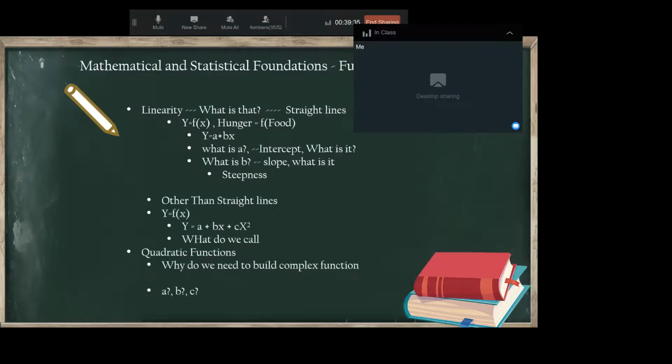Complex function, because one reason is that a linear function doesn't correctly define the relationship when there are more attributes, more qualities to define the relation. For example, you and your friend. If your friend gets sick, how will you behave?